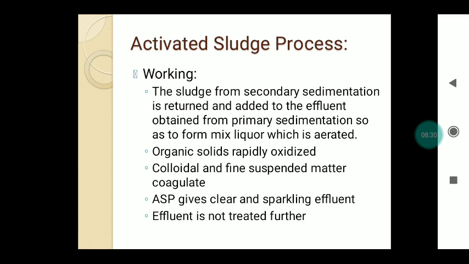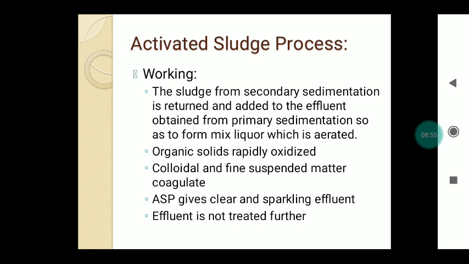This means the sludge from the secondary sedimentation is again added into the primary sedimentation tank and again aerated. This addition of the secondary sludge is like food for the microorganisms, and it increases their biological activity.